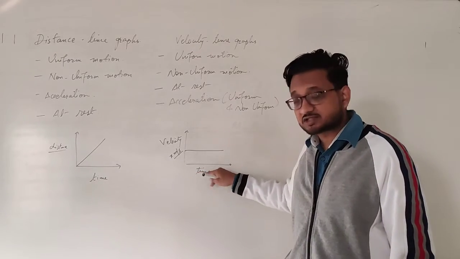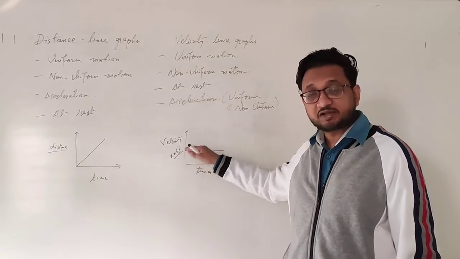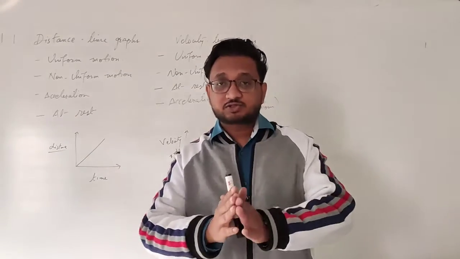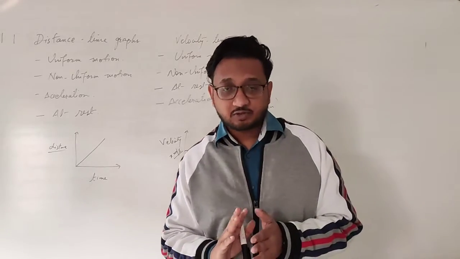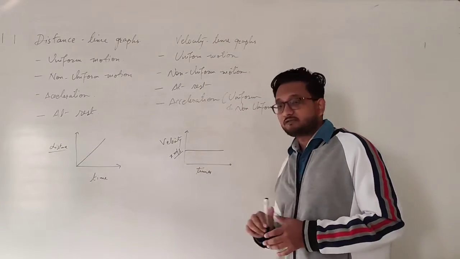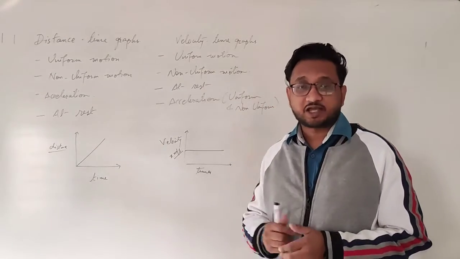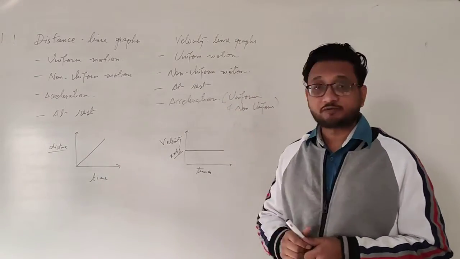Whether it is 1 second or 10 seconds, it is x meters per second. So as the time increases, the velocity remains constant. Hence, the uniform motion of the object is a straight line parallel to the x-axis for a velocity time graph. So this is the first case, that is uniform motion.